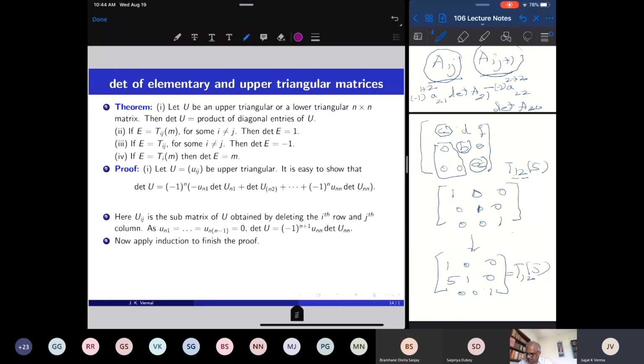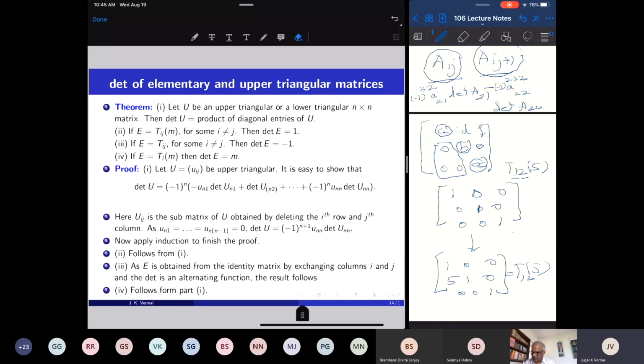Now these facts follow from this first fact, because these elementary matrices are either upper triangular or lower triangular. All elementary matrices are either upper triangular or lower triangular.